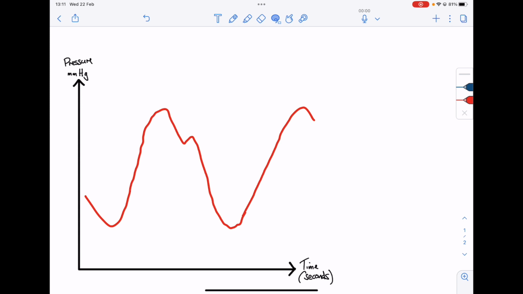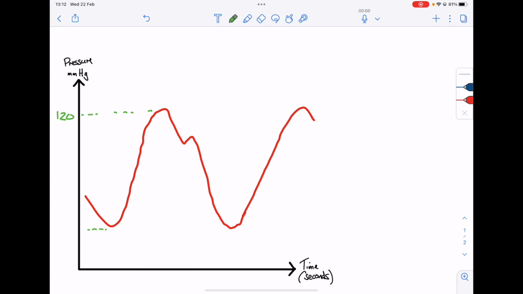So it's important to have some nice straight axes. I've cheated by using a computer. And the arterial line waveform has time along the bottom in seconds, and then pressure in millimeters of mercury up the top. First, you need to identify some relevant pressures. So we've got systolic pressure here, which is probably about 120.